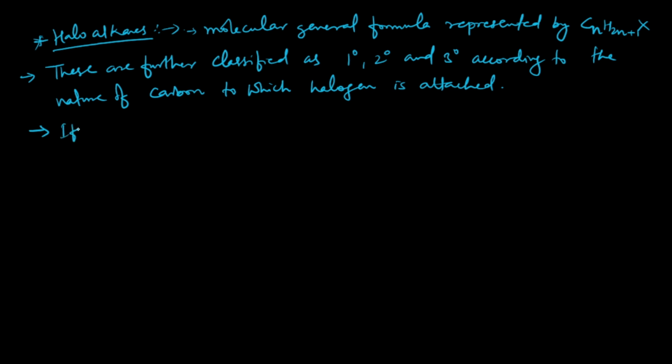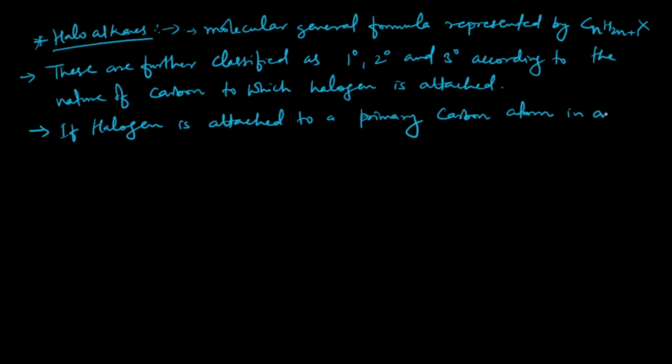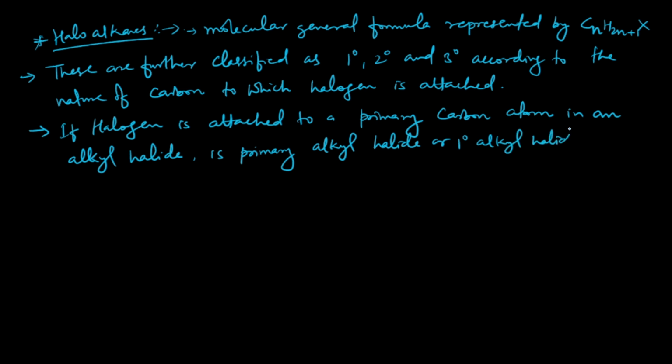If the halogen is attached to a primary carbon atom in an alkyl halide, we call it a primary alkyl halide, or directly a 1 degree alkyl halide.